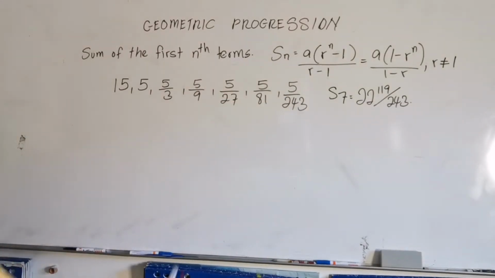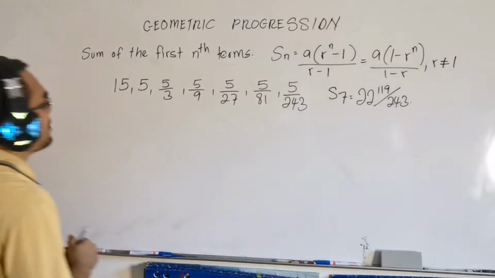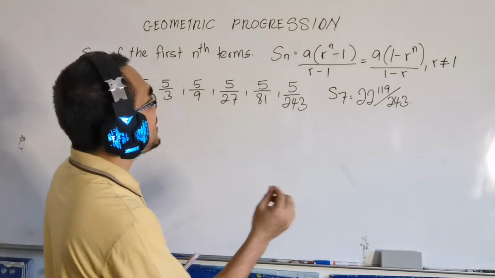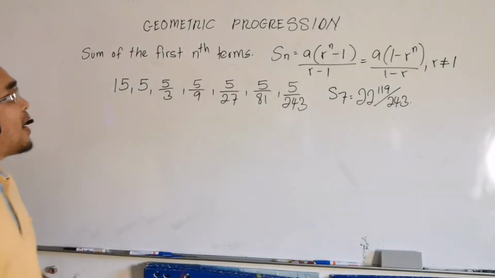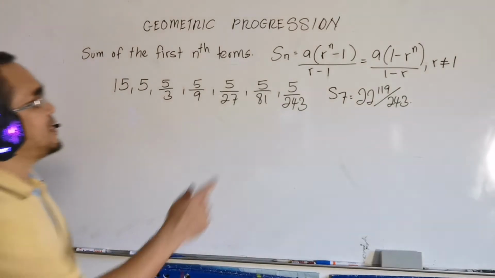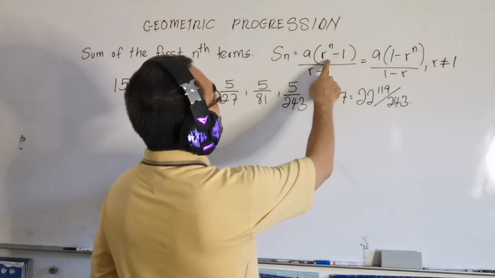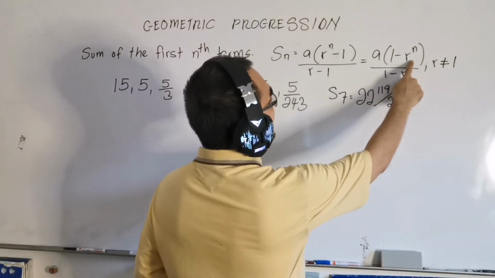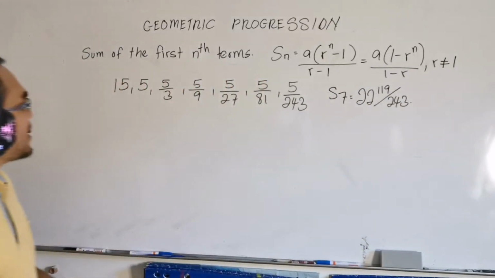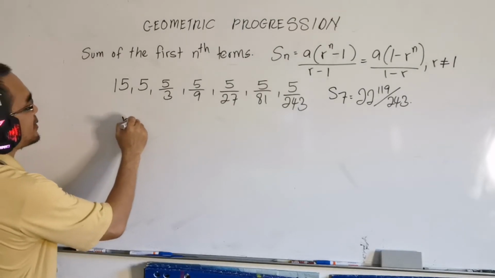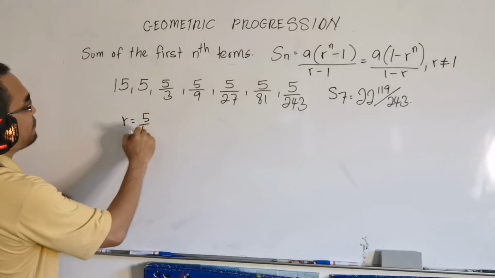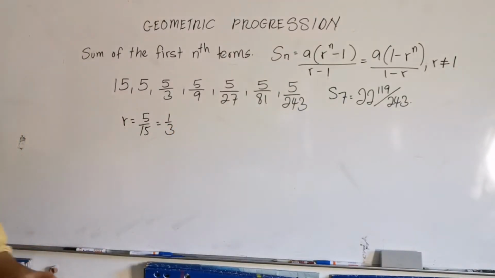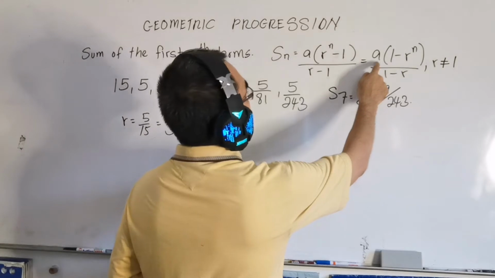So to calculate the sum of the first 7 terms, which formula do we use? It depends on the value of r. When r is bigger than 1 we use one, and when r is smaller than 1 we use the other. So let's check the value of r. r is 5 over 15, which is 1/3. So the most suitable is this formula.